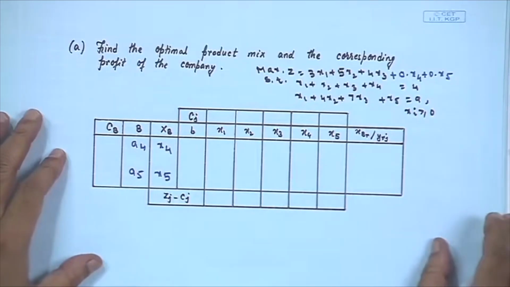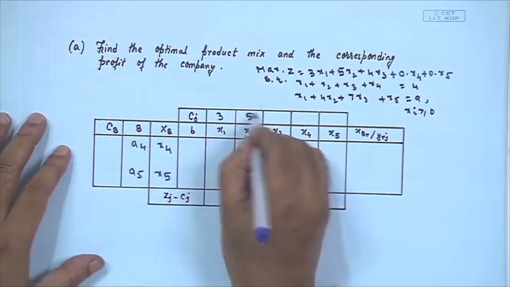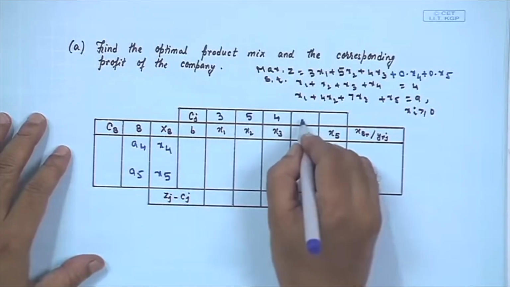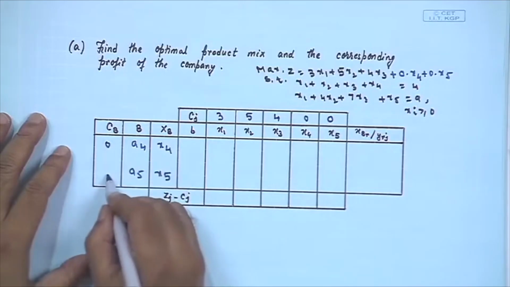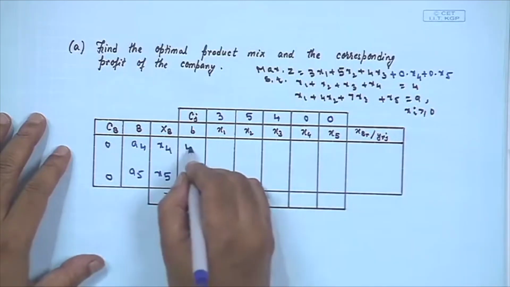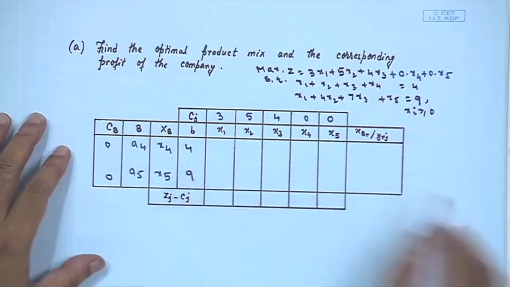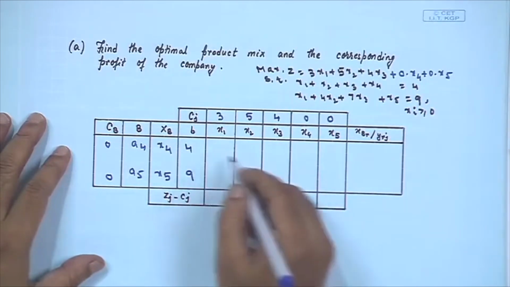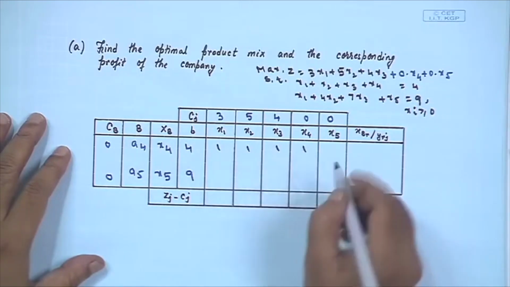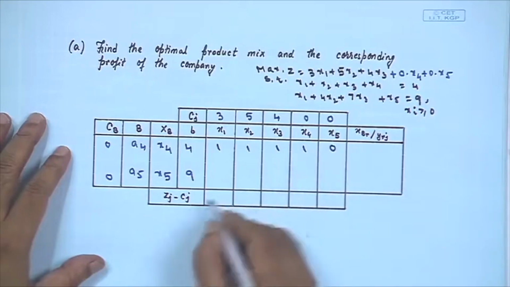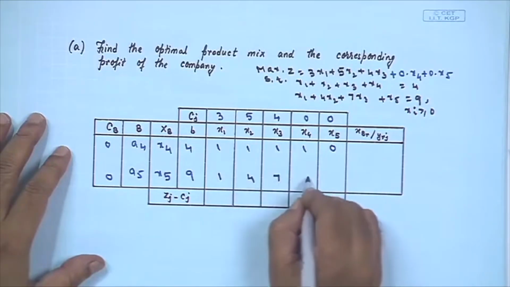We will not spend more time on this because we have done all these things earlier. The objective coefficients 3, 5, 4 we are writing here, and for a 4, a 5 it will be 0, 0. Your b is 4 and 9. The rows will be 1, 1, 1, 1, 0, and the second one is 1, 4, 7, 0, 1.